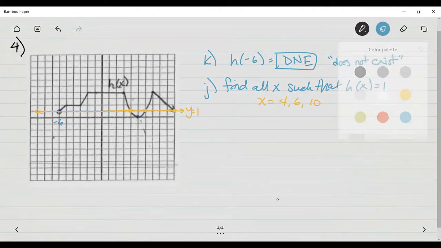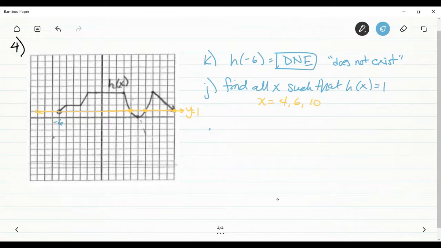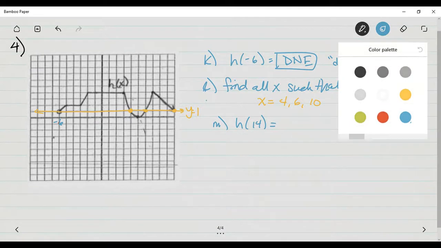Last but not least, this is an L, by the way. Part M, we are looking to evaluate h of 14. To go off of our graph to get h of 14, and I'll extend this a little bit.